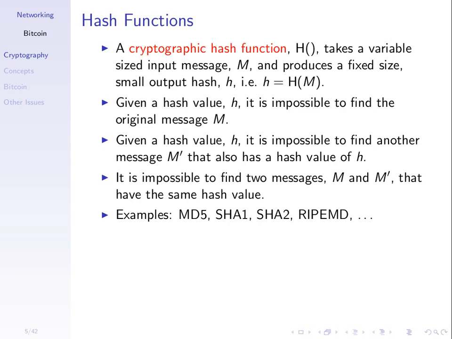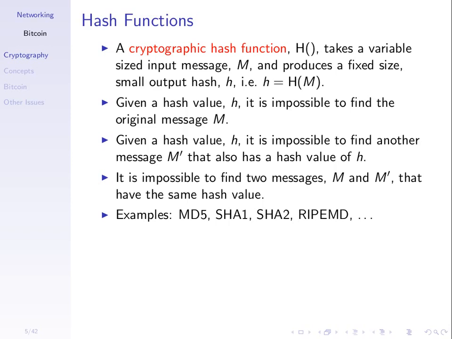So you go to some website to download a file, and on that website they'll publish the hash value of the file. So there's the file, the link to the file, and the hash value, the MD5 or SHA hash. What you do is download the file. Once you've downloaded the file, you calculate the hash of the file you have and compare it to the one on the website.